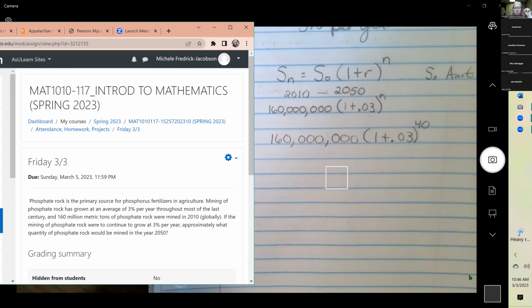So everyone, I rounded to 3 places, so I got 522 million.